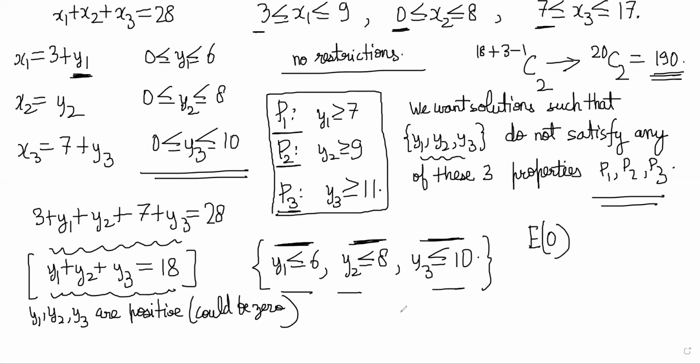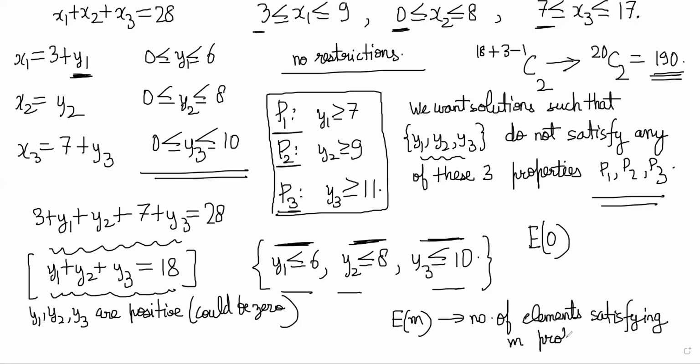Because E of M, if you recall from the principle of inclusion and exclusion, was the number of elements satisfying M properties. So we are trying to find the number of elements that satisfy 0 properties, E0.